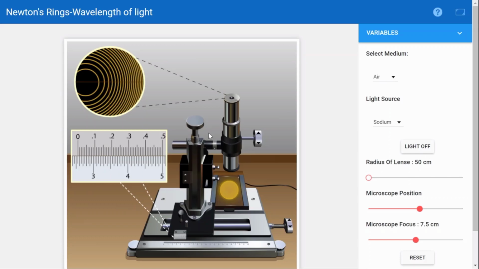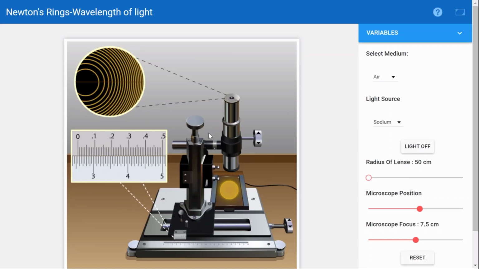So there will be 50 into 10⁻² meter. Whatever answer you get, that answer into 10⁻² is lambda, so the answer in meter.